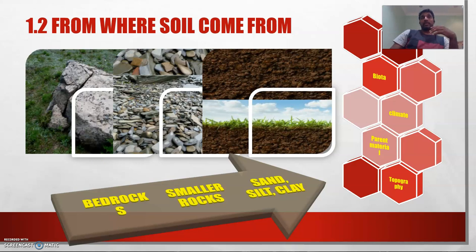Biota means living organisms. If an area has a lot of microbes, we have anaerobic and aerobic bacteria, and some of the bacteria will produce oxygen, which initiates the growth of plant parts. Let's say we have a rock, and a seed is dropped on top of the rock.